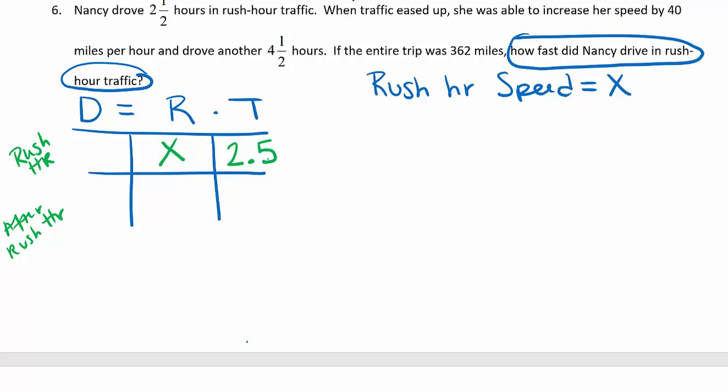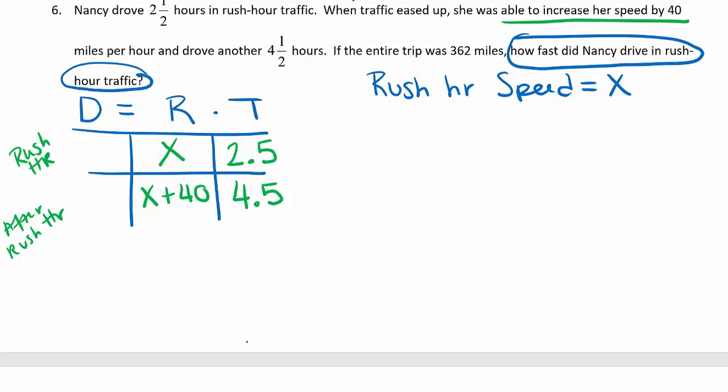And then after rush hour, she drove for 4.5 hours. So I'll write that as 4.5. And let's see, it says, oh, she increased her speed by 40 miles per hour. So her speed after the rush hour, we can take her original speed, which was x, and add 40 to that.